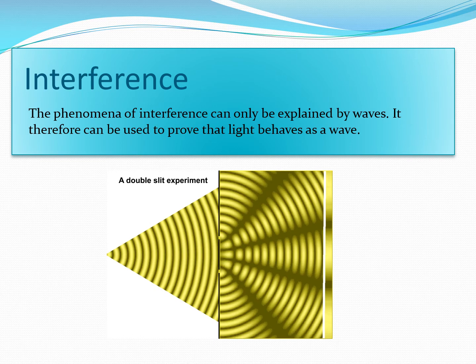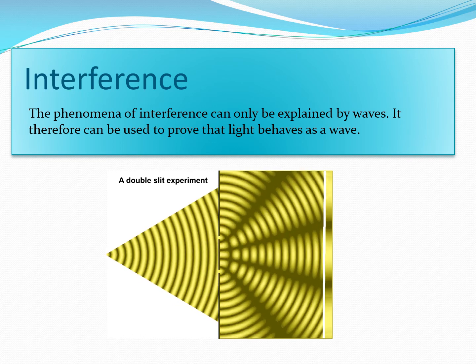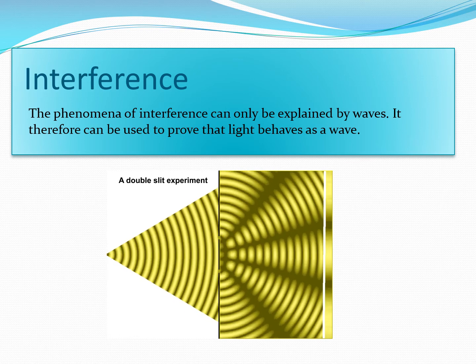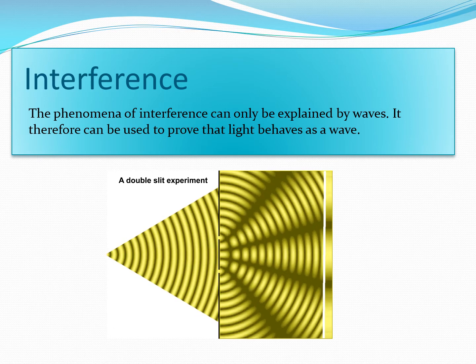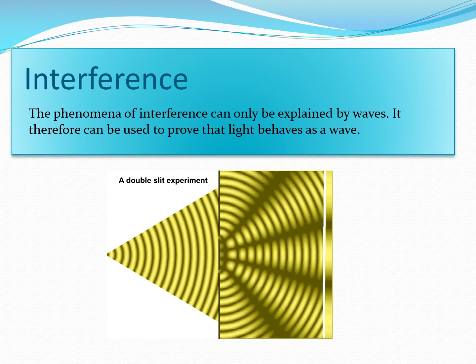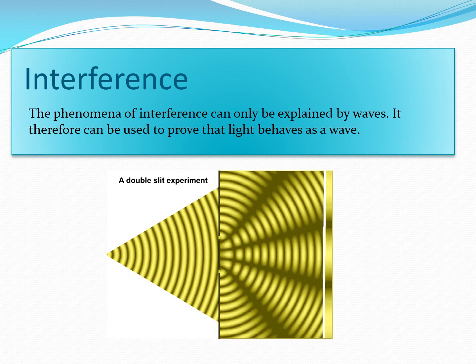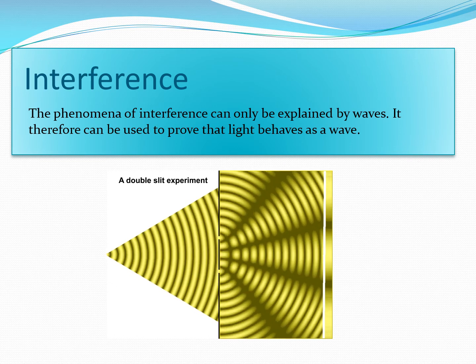Now, this phenomenon, interference, can only be explained by waves. If interference is happening, it's because the thing that you're looking at is a wave. Therefore, interference experiments can be used to prove that light behaves as a wave.